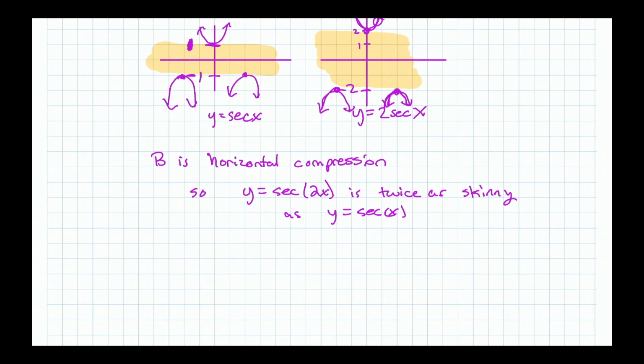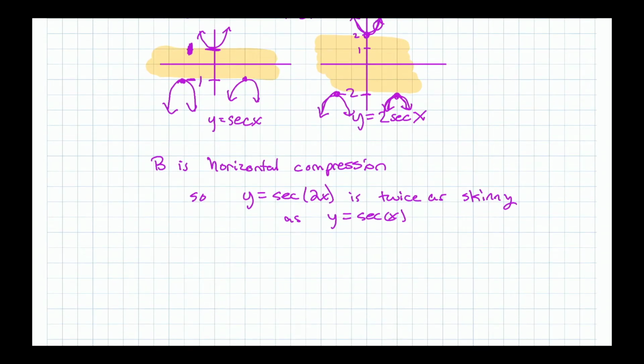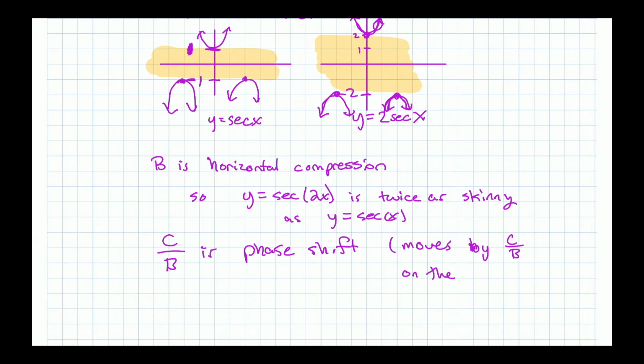And then you have phase shift. C over B is the phase shift, so the whole thing moves by C over B on the x-axis, horizontally.